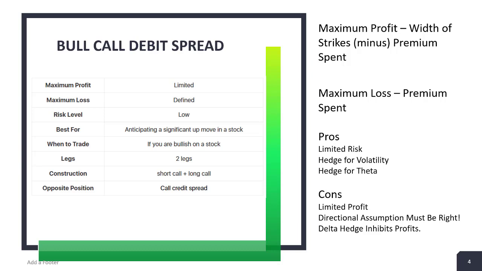So it's a lower risk trade than a directional call. You want to use it when you're anticipating a significant move in the stock, a move up. We want to have that good directional assumption. You need to be very bullish on the stock. Obviously, it requires two legs. And the opposite position would be a call credit spread.